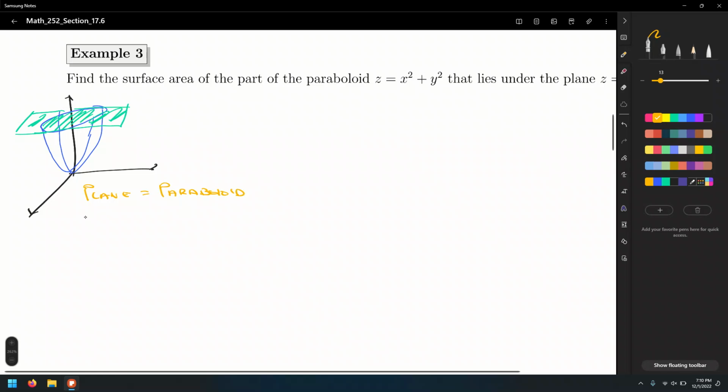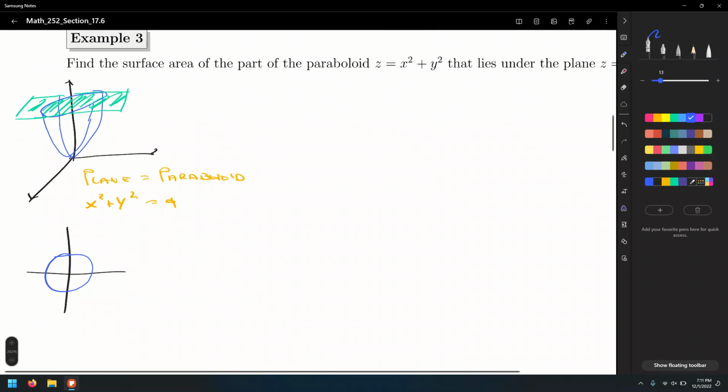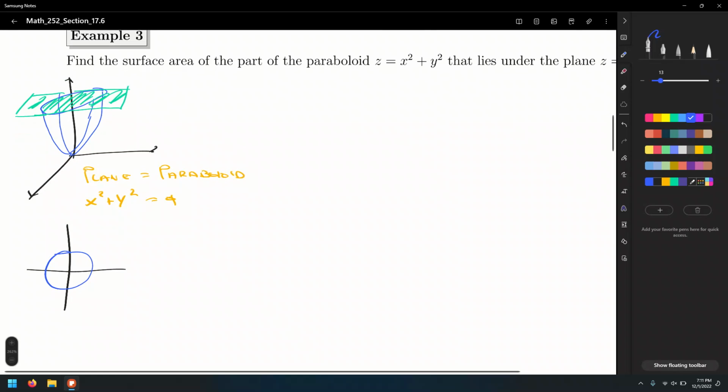That is the equation of the plane, which is x squared plus y squared, equals 9. Essentially, the z of the plane equals the z of the paraboloid. That's how we're going to get the intersection. And from here, we can recognize that this is the equation of a circle with a radius of 3. So that's what we're going to do in the xy plane projection.